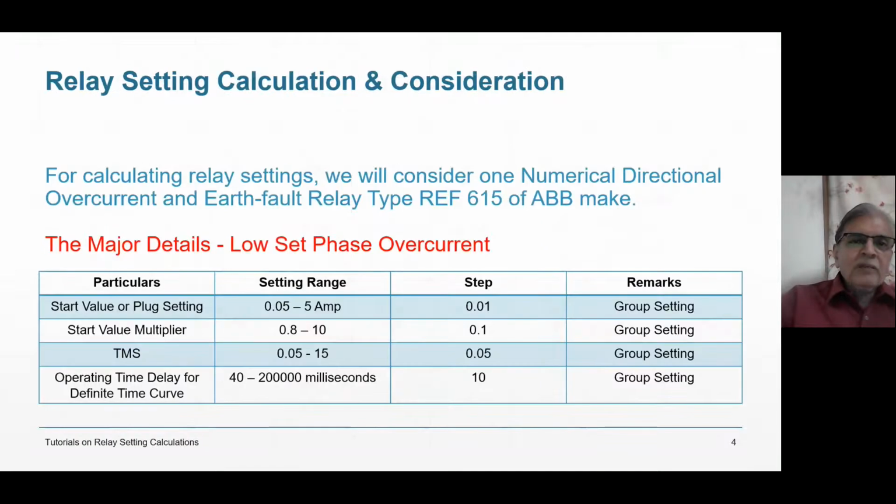So going further, as I told you, we have taken one relay, REF615 of ABB make, that is an overcurrent and earth fault relay of ABB make. There are about, if I am not mistaken, some 19 or 23 modules, and it is a rather comprehensive relay.